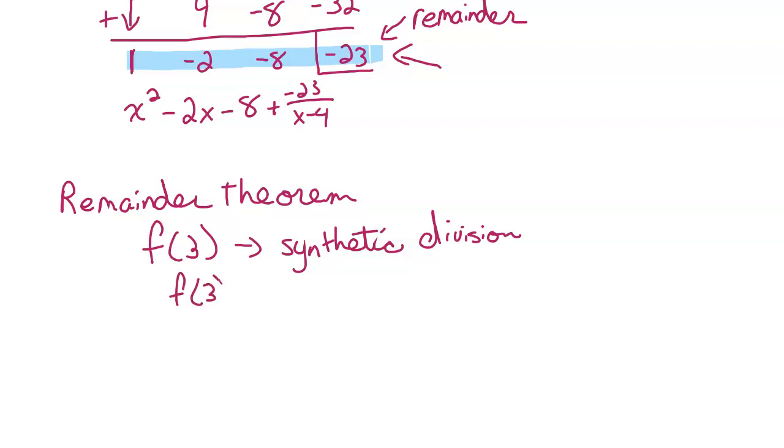So f of 3 equals the remainder when I've done synthetic division with a 3. Okay?